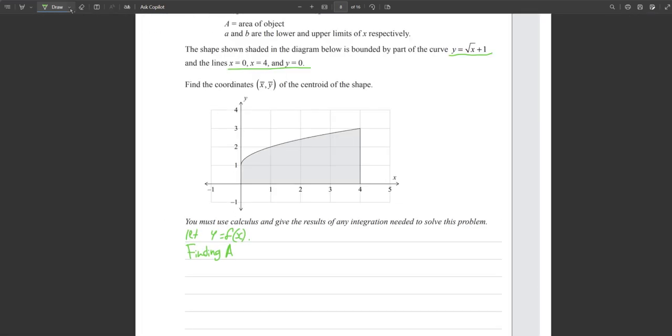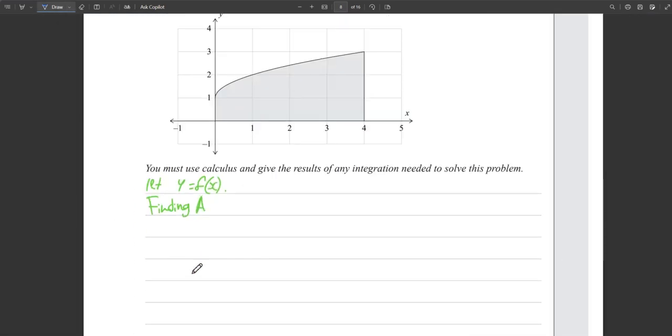So to work out a, let me just change my color.